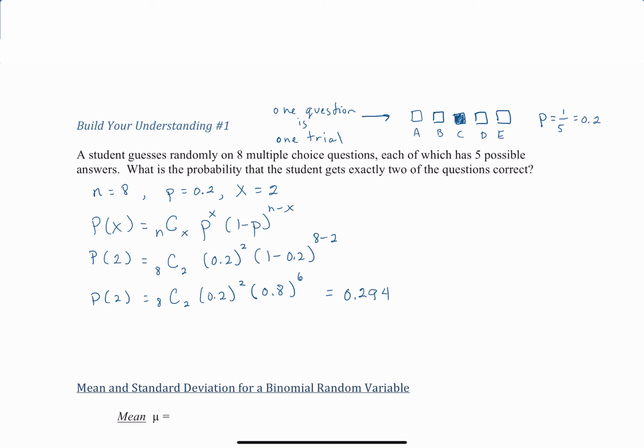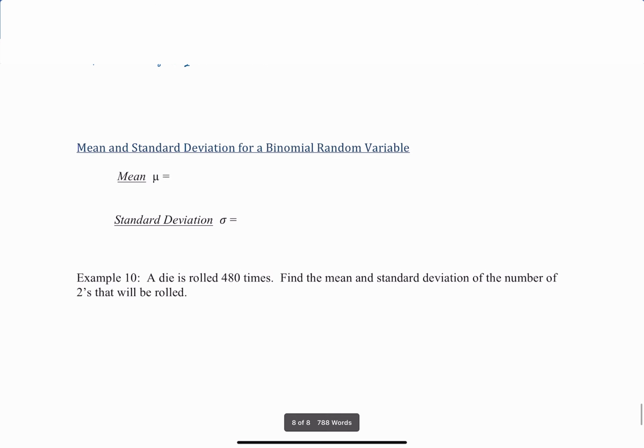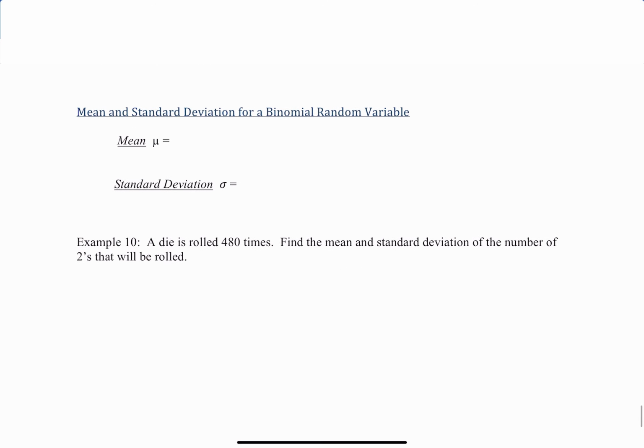One last thing to cover in terms of the binomial probability distributions is the mean and standard deviation for a binomial random variable. We already have formulas for these for discrete probability distributions in general. However, there's a simpler one that we can use if we know that we have a binomial.